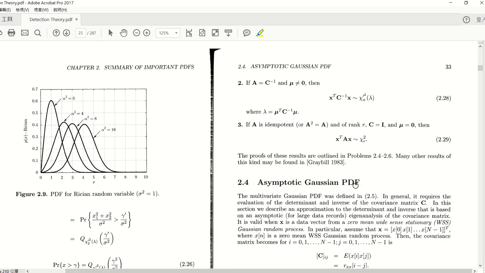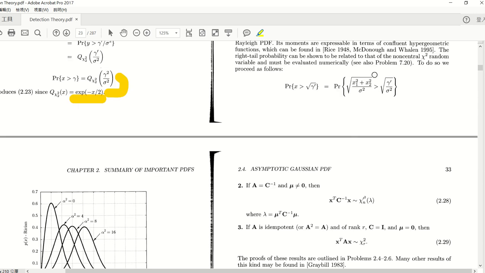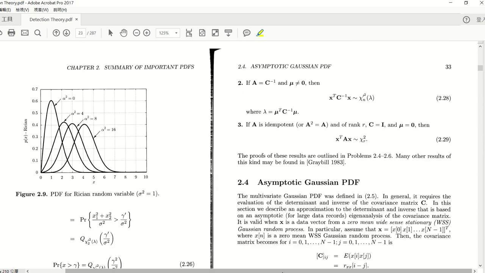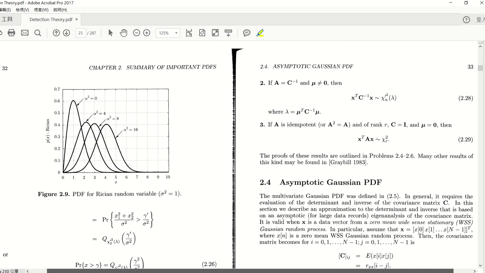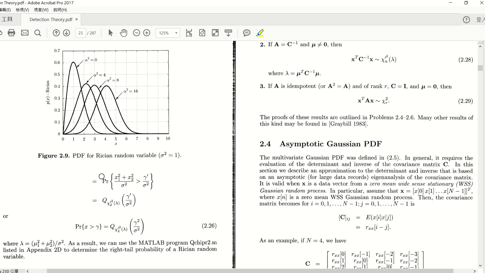Then it is equal to this because you just take the square of both sides, and the square root disappears. So it becomes x1 squared plus x2 squared divided by sigma squared, and gamma prime divided by sigma squared. And that's the probability of this.